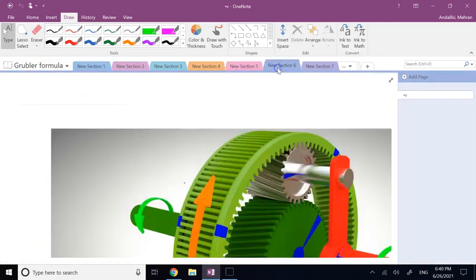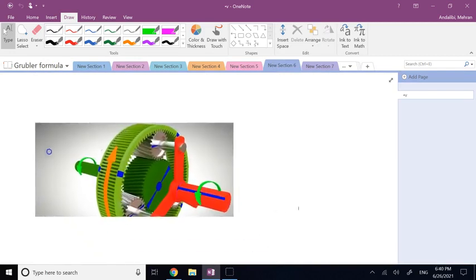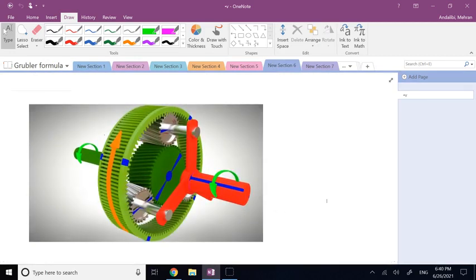And the next one that I want to talk about is what we call planetary gears. Let's see if I can write it down here bigger. Planetary gear train.